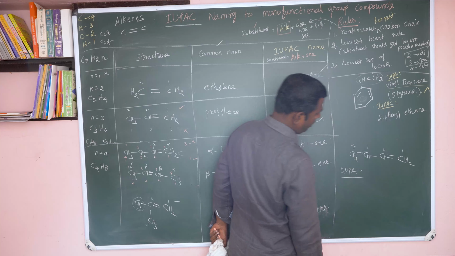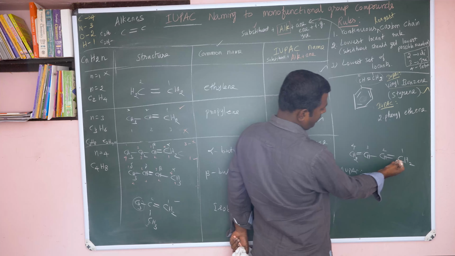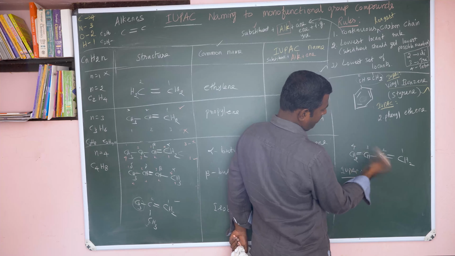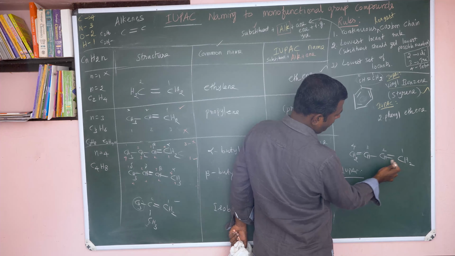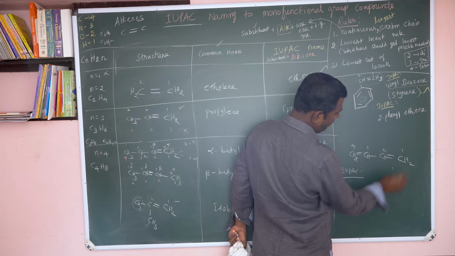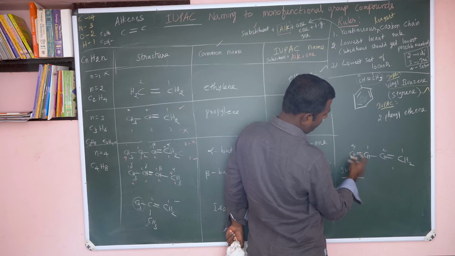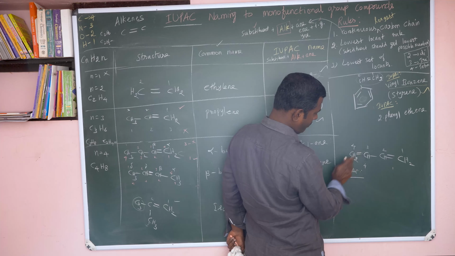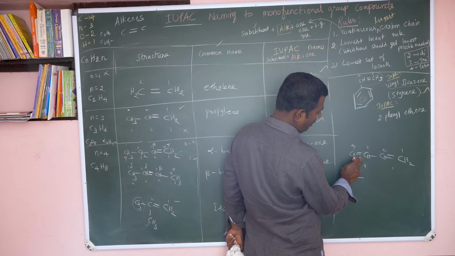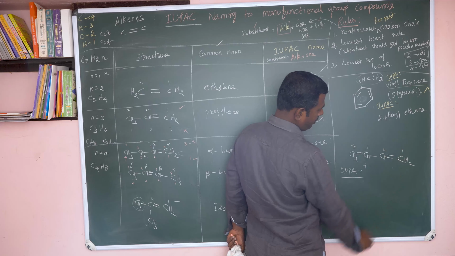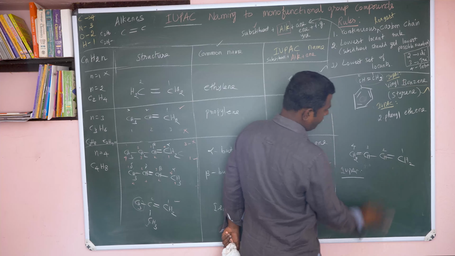There are 4 carbons. You can start from here or from here, from anywhere. If you start from here, for this double bond number 1 will come and number 3 for the other double bond. You can start from anywhere.